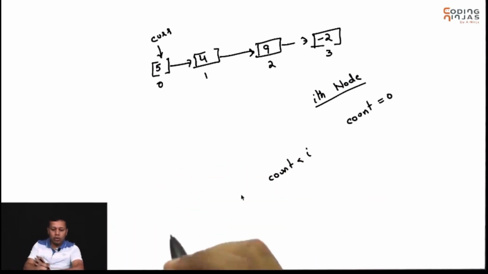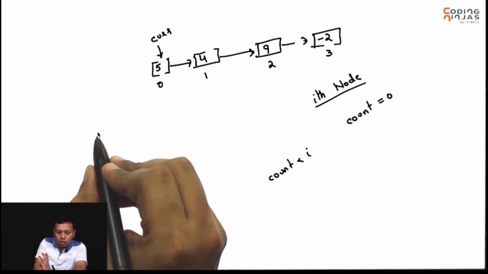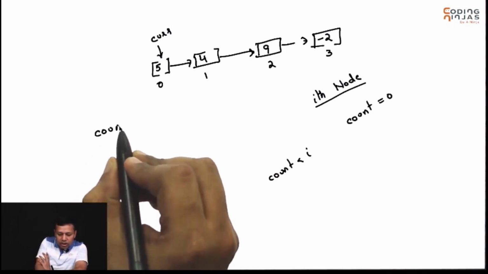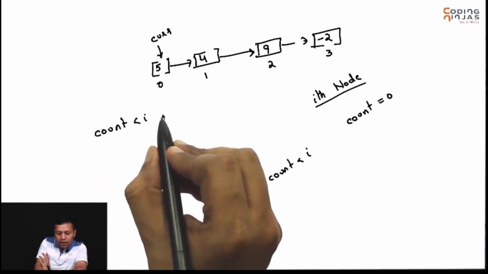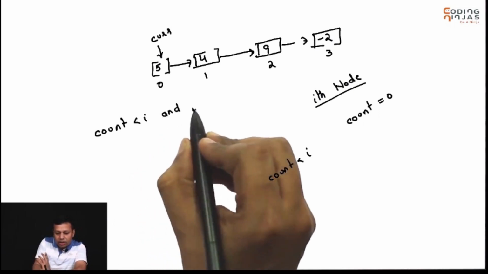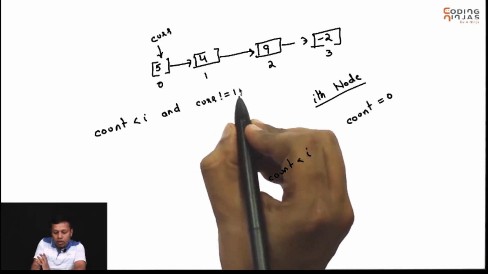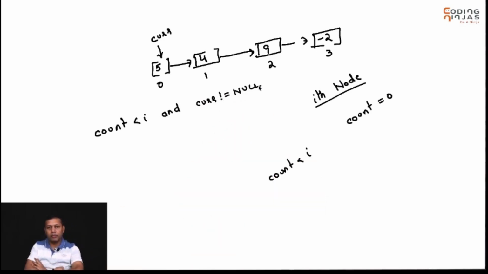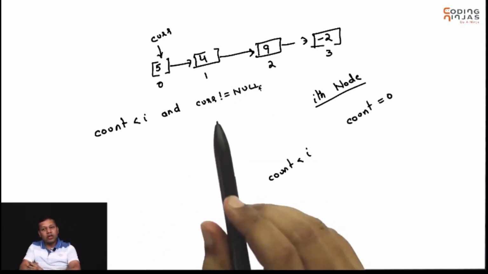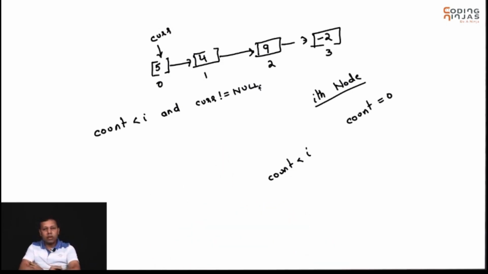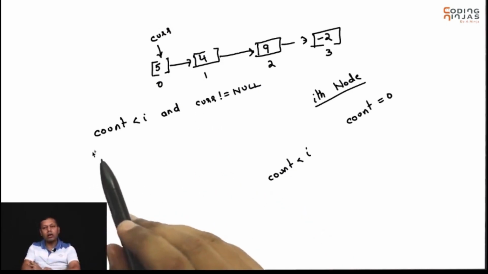So I'm checking for two conditions. The first condition is count is less than i, and the second condition is cur is not null.